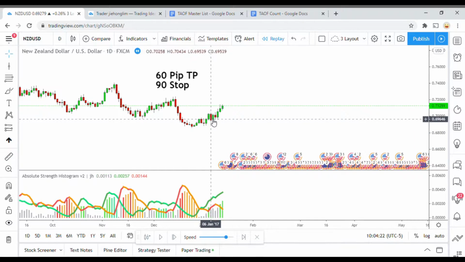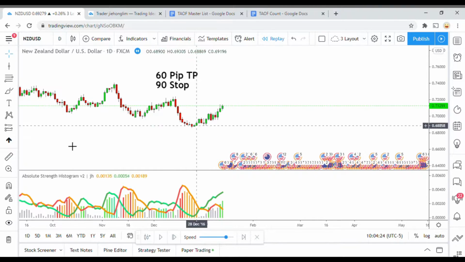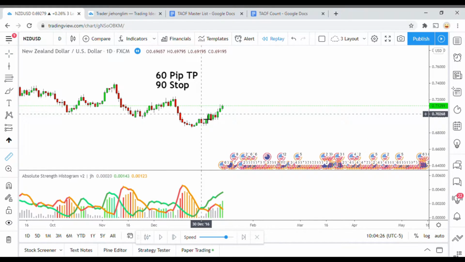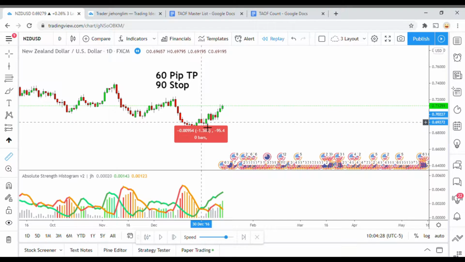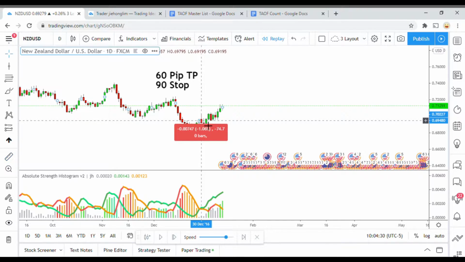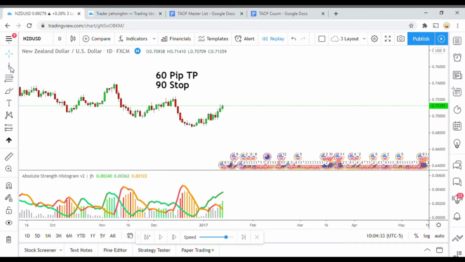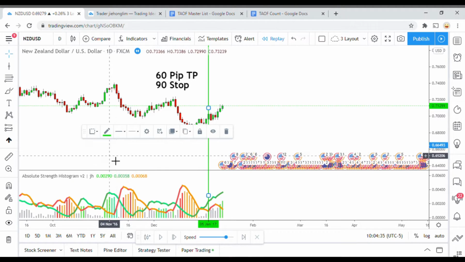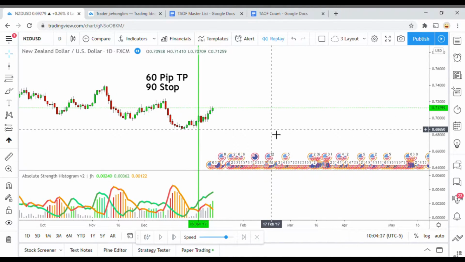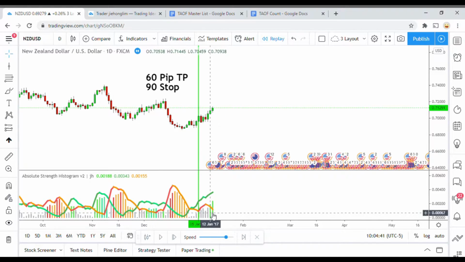Let's see, we would have entered on this candle right here. Double check that. And we would not have gotten stopped out, and so that would have been a good signal right there.